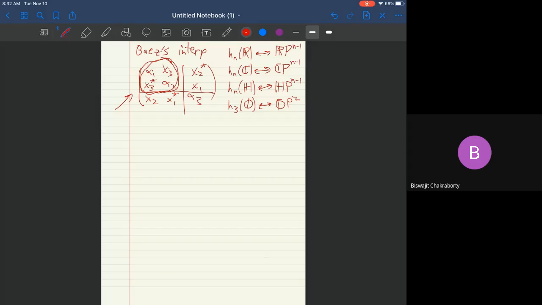It's a 10-dimensional vector space, and then that vector space is equipped with a natural quadratic form, which is the determinant of that 2 by 2 matrix.